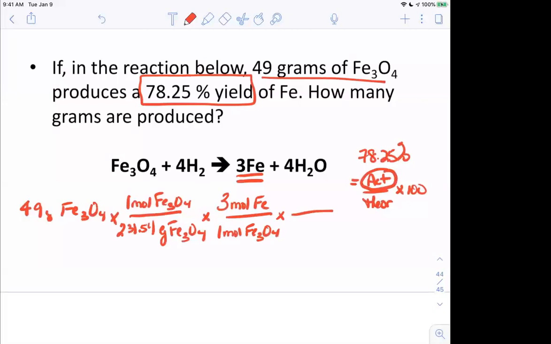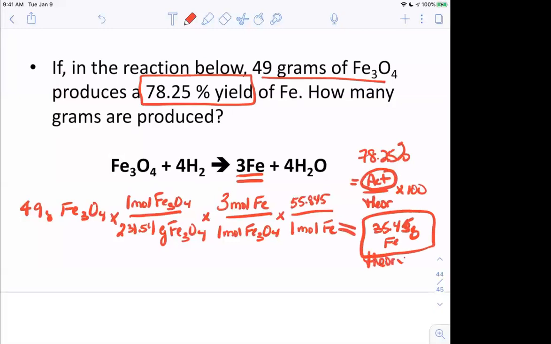And then using the molar mass of iron, which is 55.845, I know that the theoretical yield of iron is going to be 49 times 3 times 55.845 divided by 231.54, and that gives me 35.4645 grams of iron. So this is my theoretical yield.